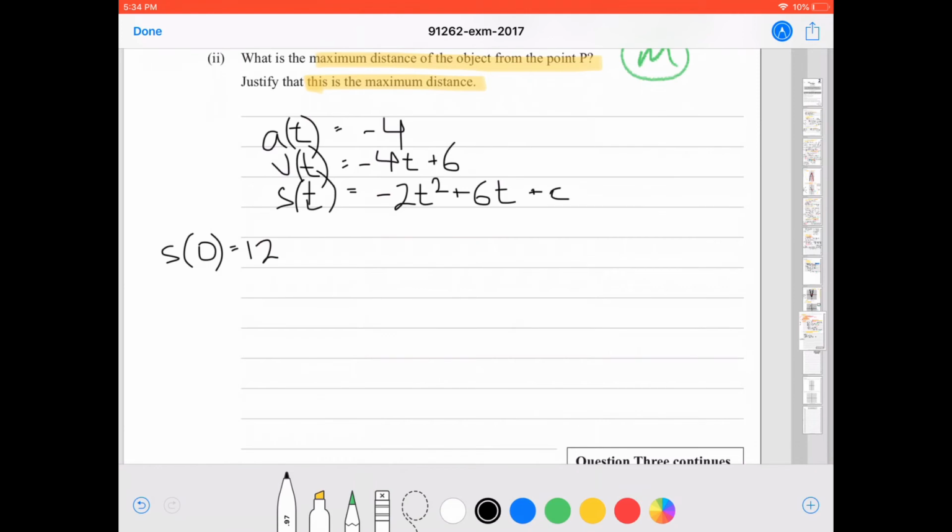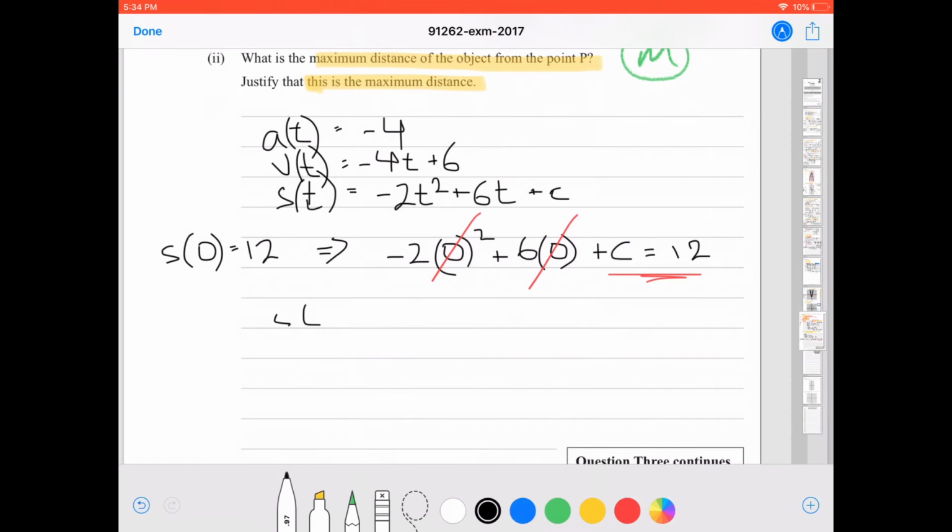And so, what have we got here? Minus 2 times 0 squared plus 6 times 0, and you almost don't have to write this out every time when you solve for c, but that's right, plus c equals 12, and so our terms cancel and we're left with c equals 12.